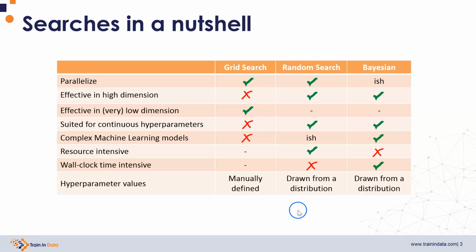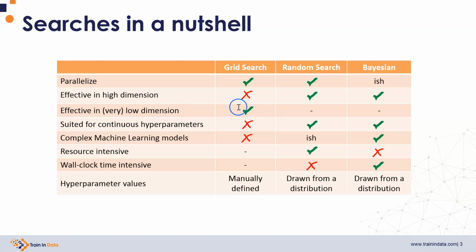But when we set up a random search or a Bayesian search, we extract hyperparameter values from distributions. Therefore, these two searches are able to explore a wider range of values compared to grid search. And this makes these searches more effective.